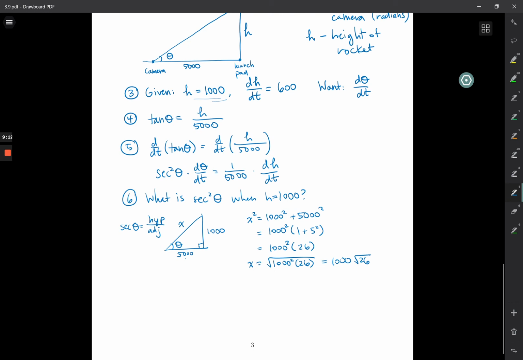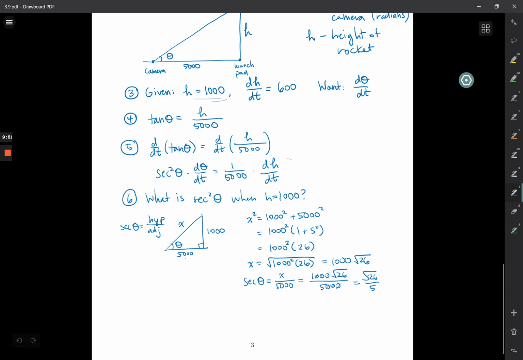Okay, so that means that our value of secant of theta is going to be, as we said, x over 5,000, and x is equal to 1,000 root 26, and then we'll take it over 5,000, and then we get a bunch of these zeros canceling, which is nice, and we get just root 26 over 5, right? Okay, so we can go ahead and plug that in.